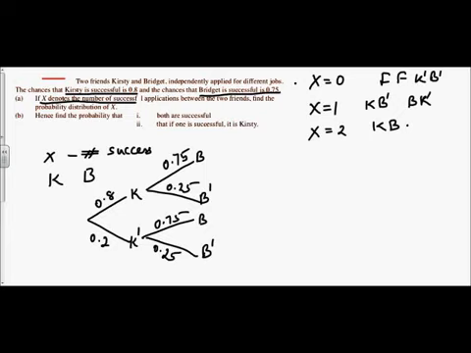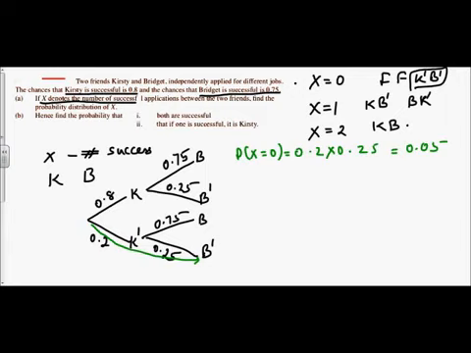Okay, now we need to find k dash b dash. For k dash b dash, you need to go along this way. So for P of x is equal to 0, we have k dash b dash, which is 0.2 times 0.25, which is 0.05.